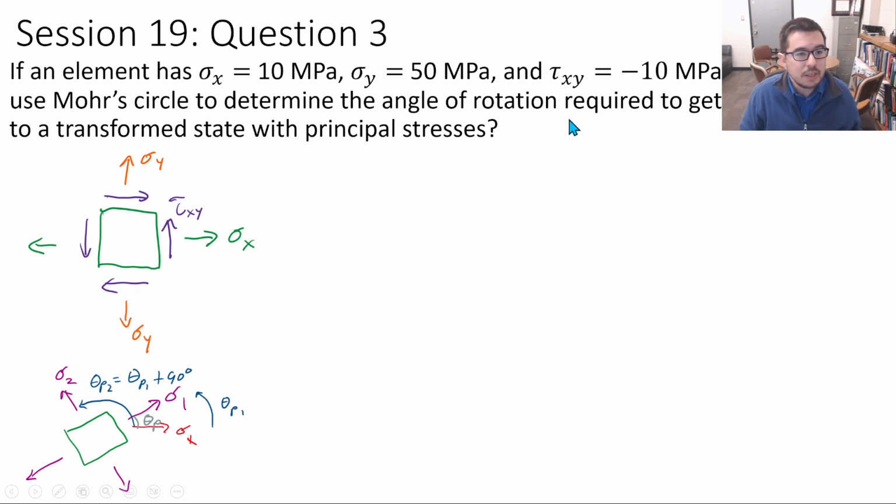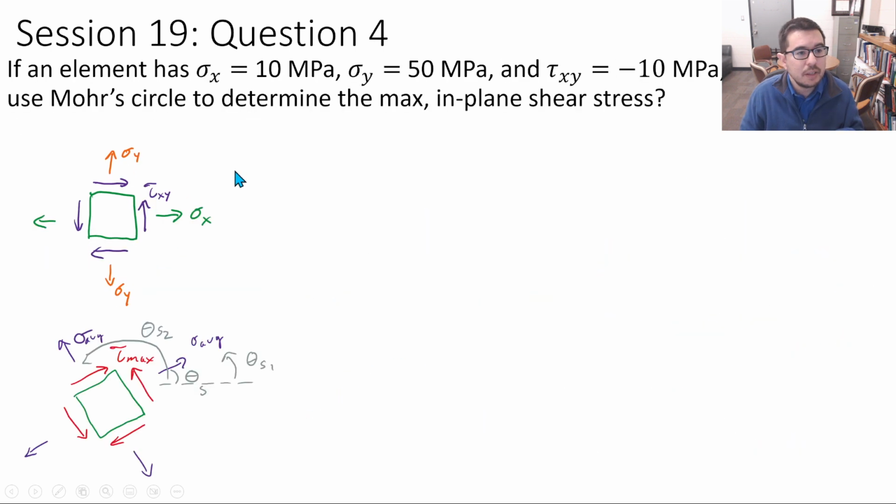The next question is, for the same element, what is the angle of rotation required to get to the transformed state of principal stresses? We kind of did that previously. The next question is, if we have this element, how do we determine the max in-plane shear stress?